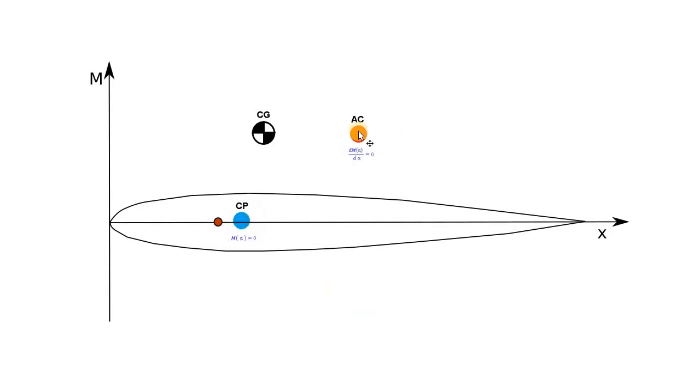Okay, the second point is the aerodynamic center. This point can be placed at any position somewhere nearby. It can be in front of the center of pressure, it can be exactly the point where the center of pressure is, or it can be behind the center of pressure. So let's put it here for now.